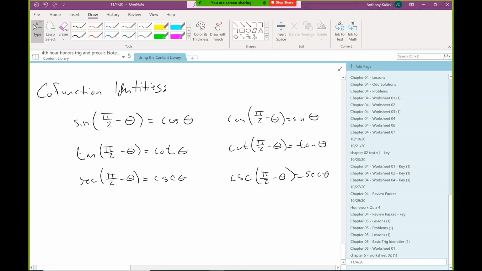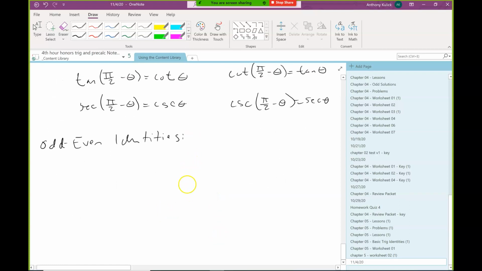The next ones are the odd-even identities. So sine is an odd function, so the negative on the inside can be moved to the outside. Cosine is an even function, so the sign just gets absorbed and goes away.